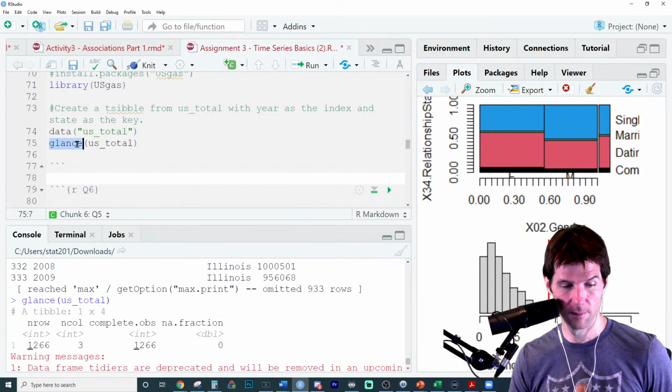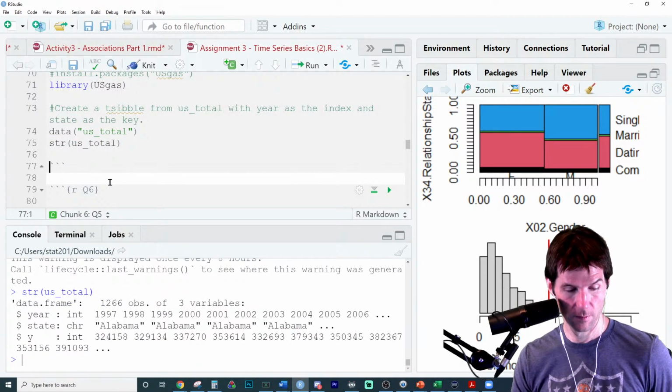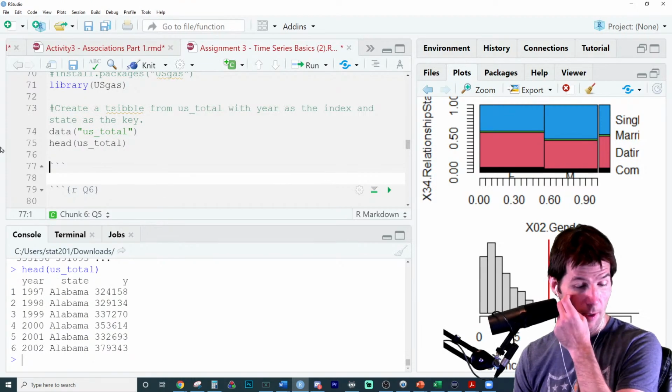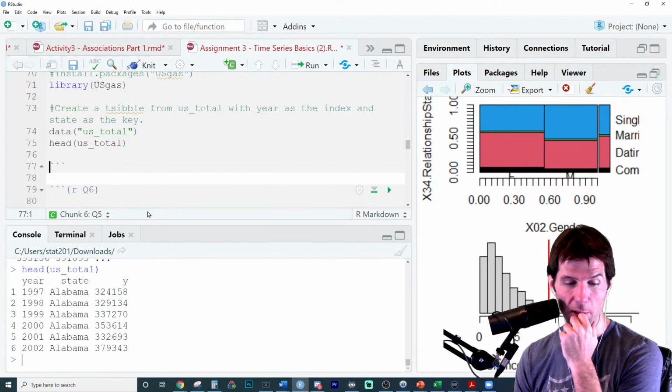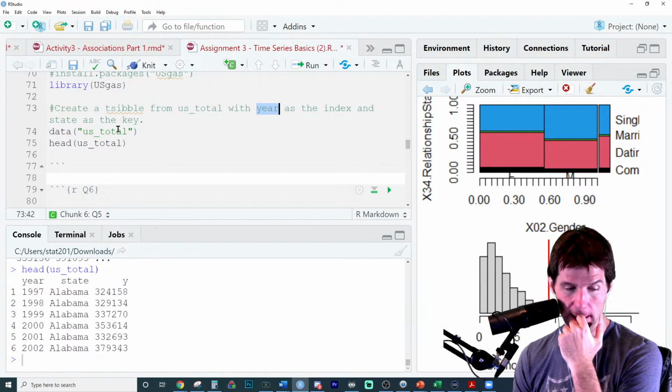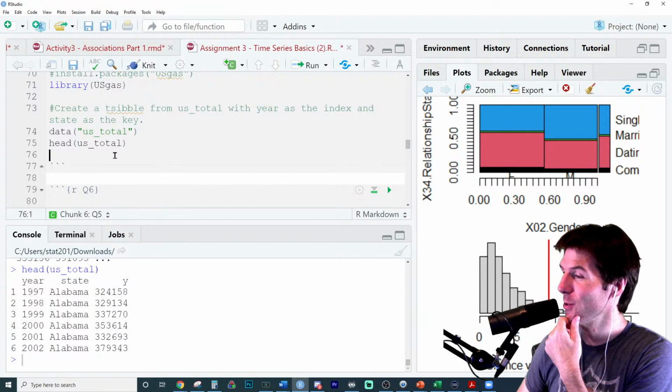I don't like the way any of those are. Let's go ahead. There we go, that's better. So we got right here, created a tsibble with US total with year as the index and state as the key.